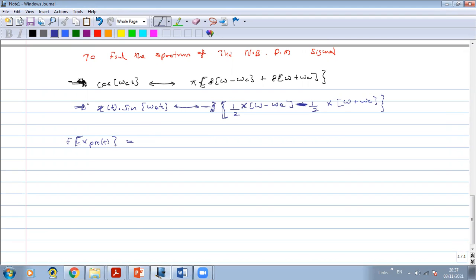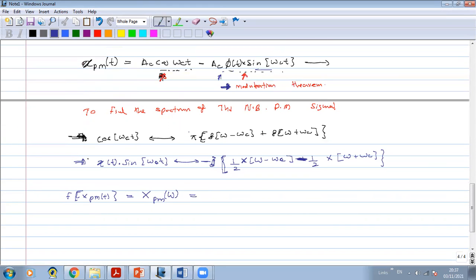Let's denote it as omega. So we can write this as, here we have the term AC cos omega c t. The cos omega c t Fourier transform is this one.